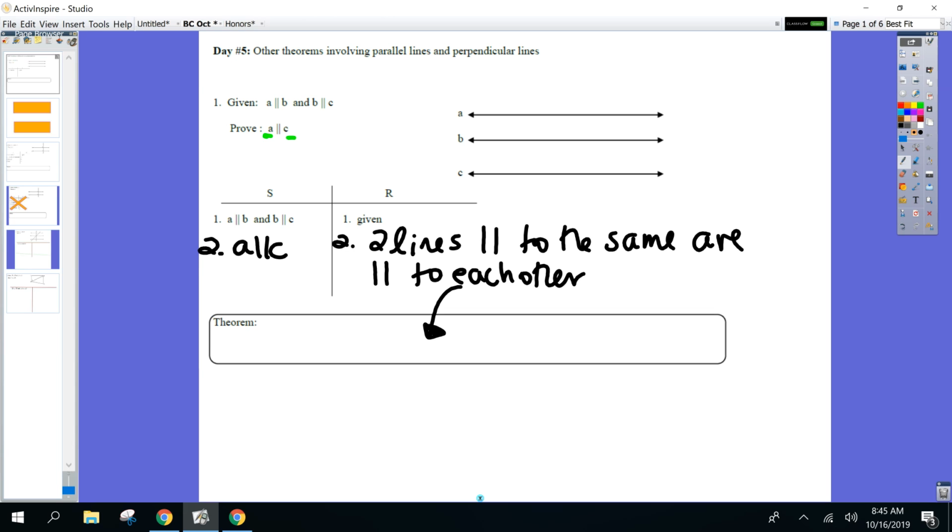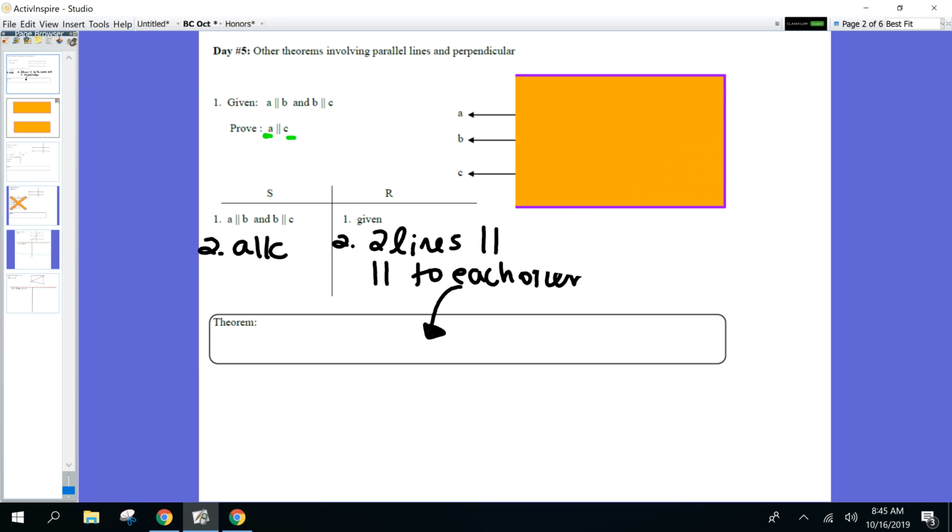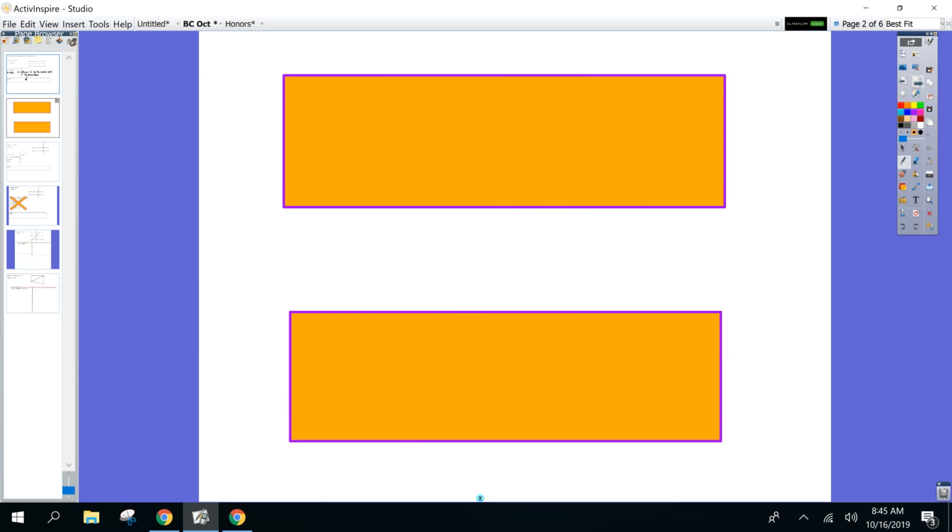And now go ahead, grab an index card. On one side, you pick the side, I don't care, what you're going to do is write the given I had provided. So what was the given?